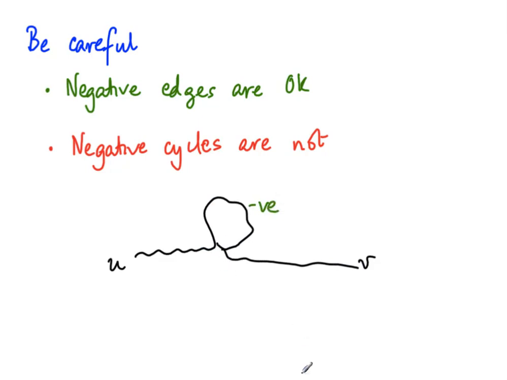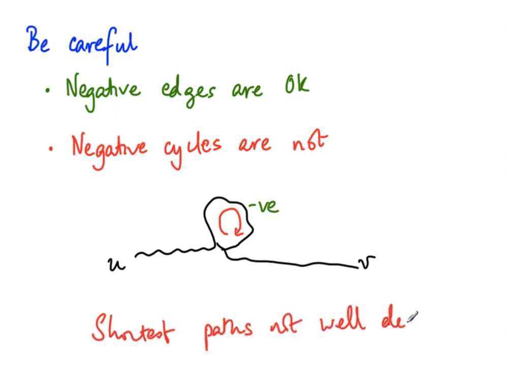Then each time you go around the cycle, you reduce your cost. So there is no notion of minimum cost anymore, because you can always reduce it further by going around one more time. So if there are negative cycles, the shortest paths are not even well defined. So we cannot allow negative cycles in our graph.